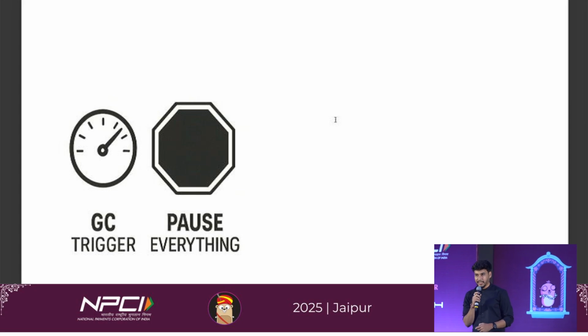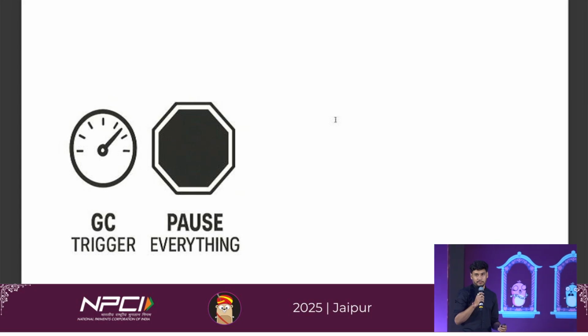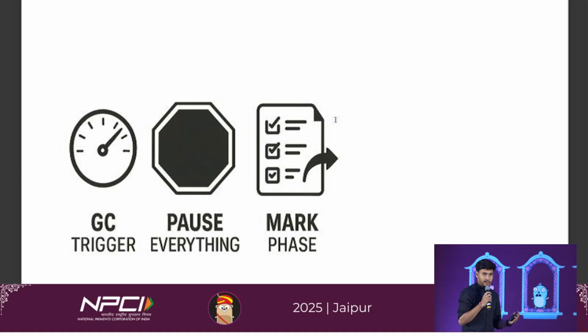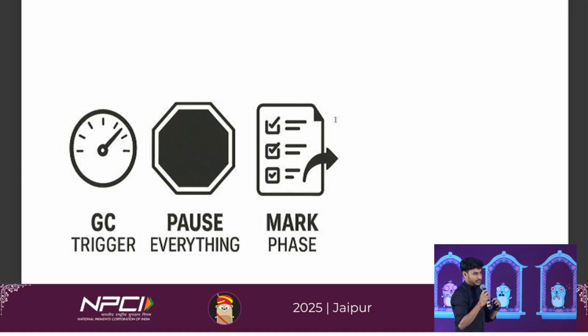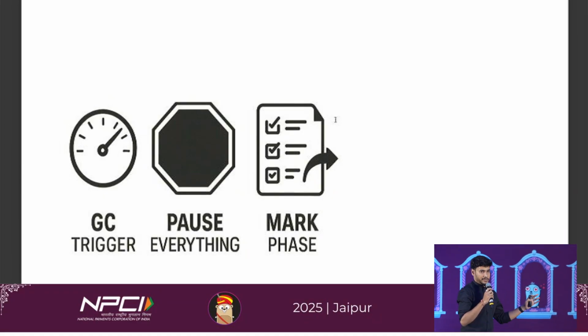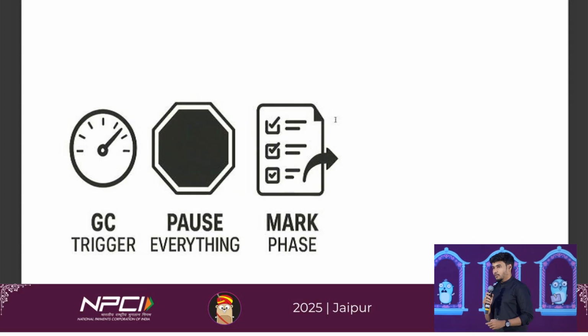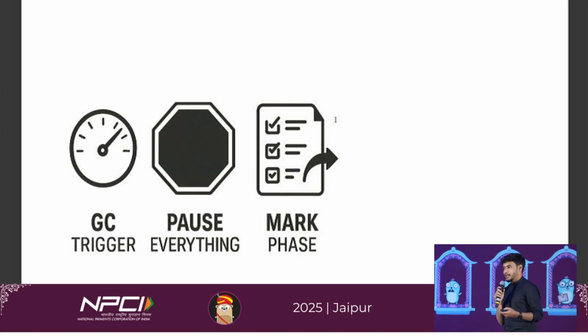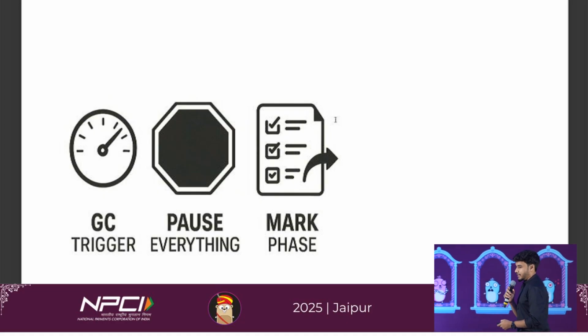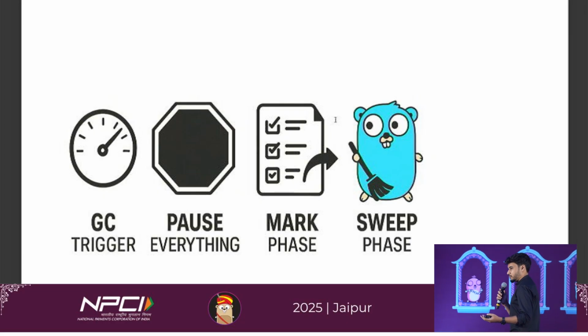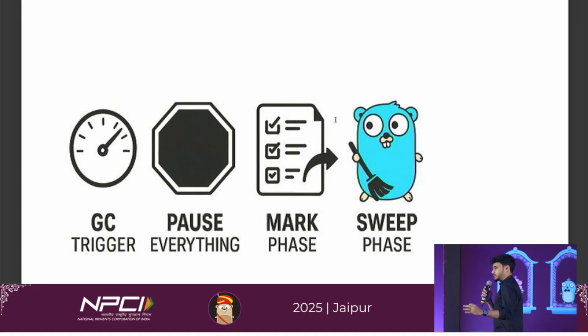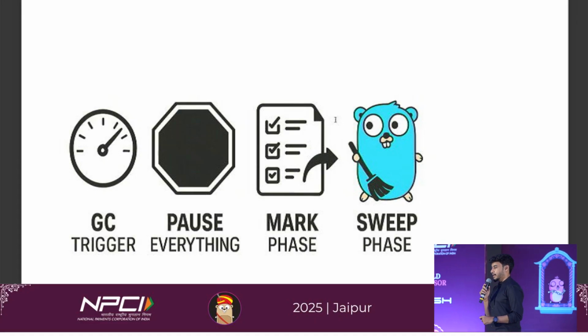And once your application comes to a complete stop, the next is the mark phase. What it does is check all the active objects and mark them as active. Now, once you know which are your active objects, what's the next phase? Well, it erases all the inactive objects and sweeps them out of the memory so it can be allocated again.